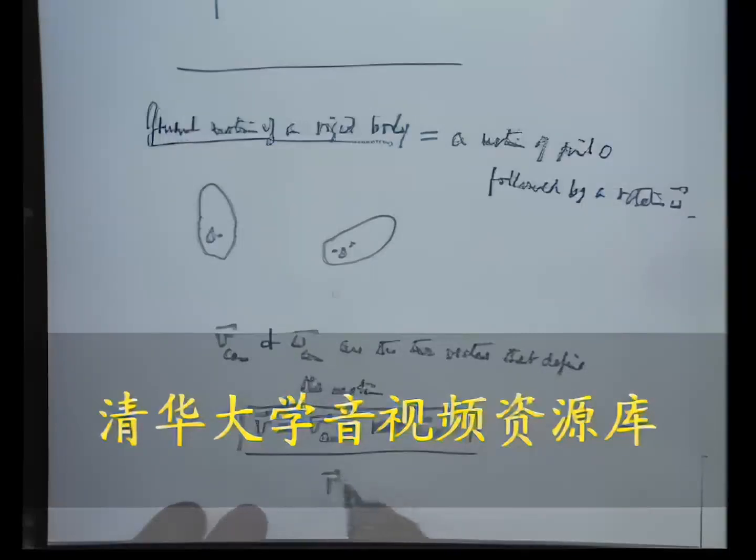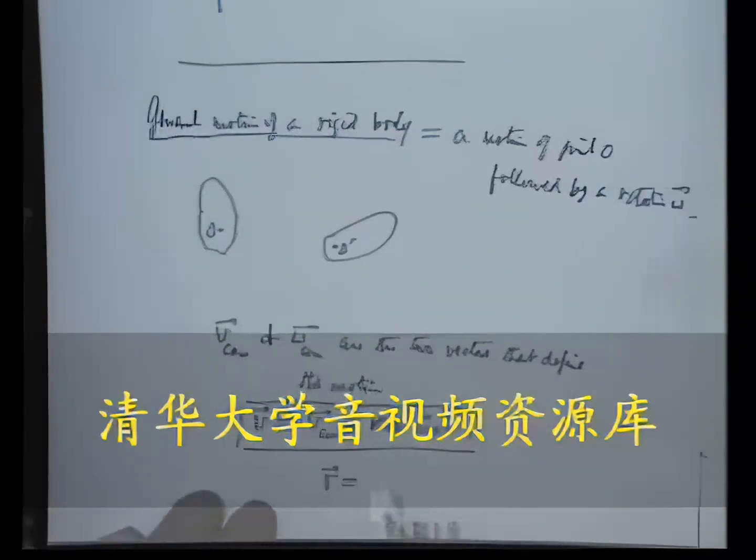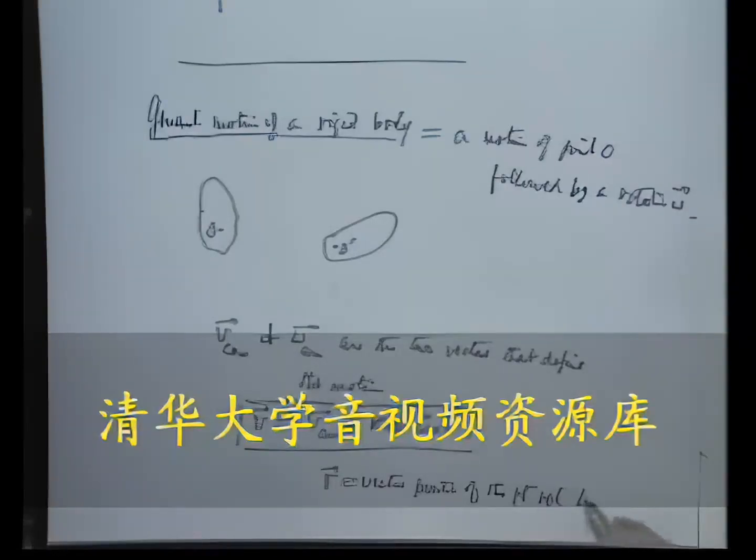R is the vector position of the point relative to the center of mass.